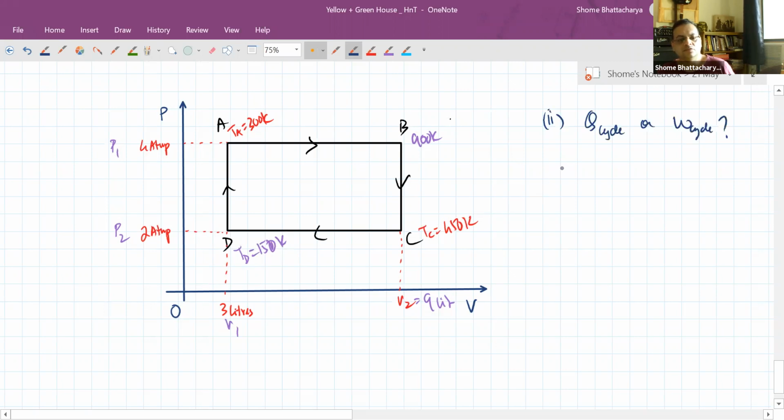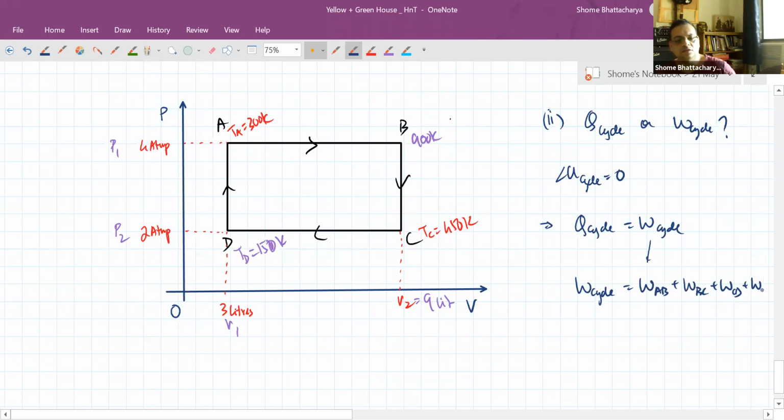For that, we can just use the fact that since delta U for the loop is 0, these two are equal quantities. Now W for the cycle is easier to calculate, so we'll go with that. That is W_AB plus BC plus CD plus DA.